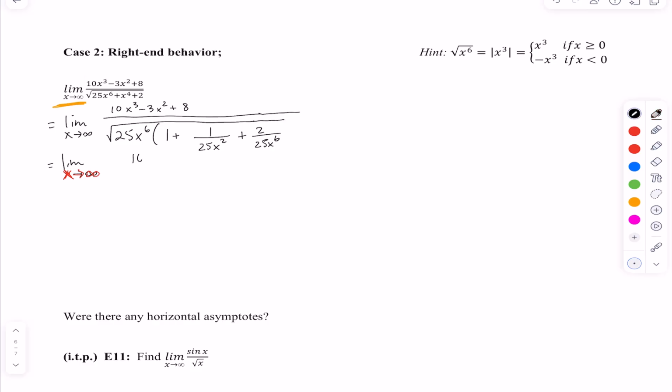So we have 10x cubed minus 3x squared plus 8. Put this over what? This is 5. And in this case, we have x to the third power. And then we have that radical left. We'll do some magic.